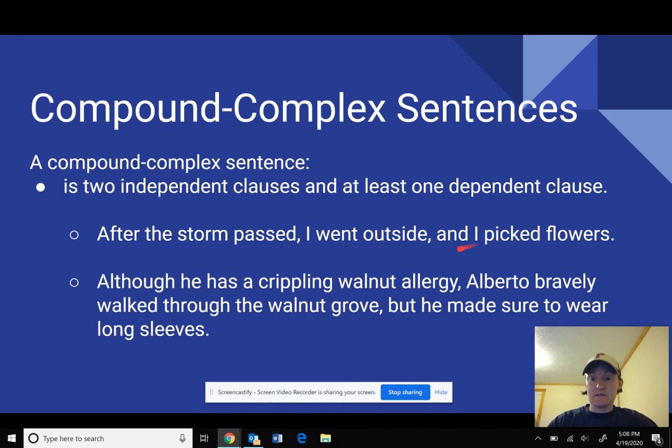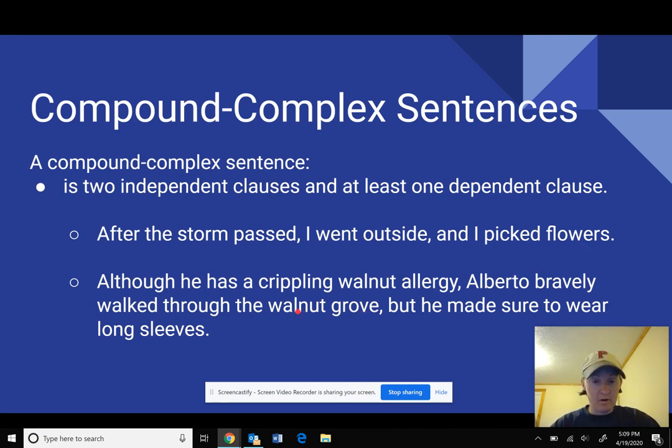And then this is stuck together with this comma and. If I just look at I picked flowers, that is another perfectly fine sentence. So we start with a dependent clause, an independent clause, and another independent clause. So that satisfies the definition.